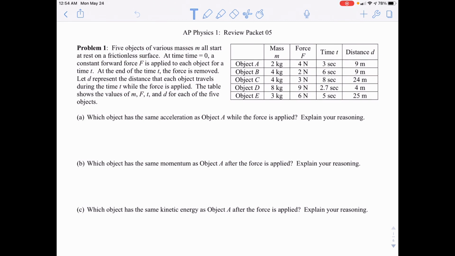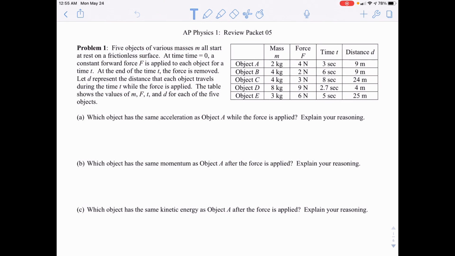Let's begin. In problem number 1, we're told that we have 5 objects of various masses m, all starting at rest on a frictionless surface. At time t equals 0, a constant forward force F is applied to each object for time t. At the end of time t, the force is removed.